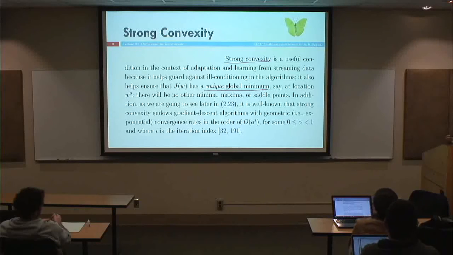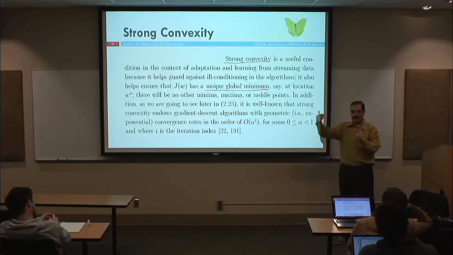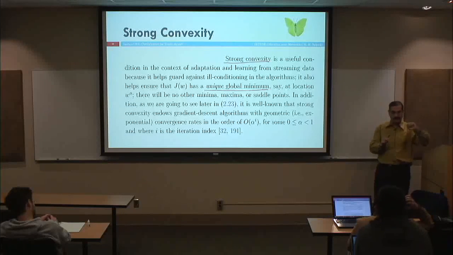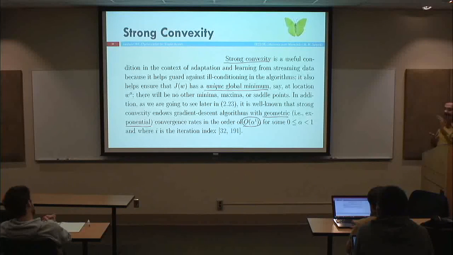I'm going to develop an iterative algorithm that goes from one estimate for w^o to another estimate until you converge to it. And then because of strong convexity, you are going to see that this algorithm has geometric or exponential convergence. What it means is that the error converges at an exponential rate.